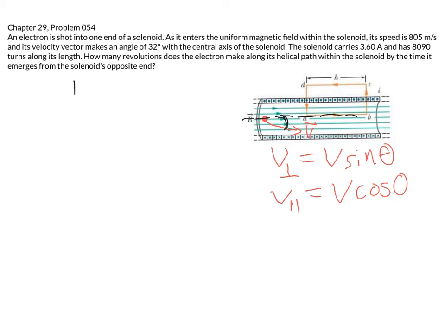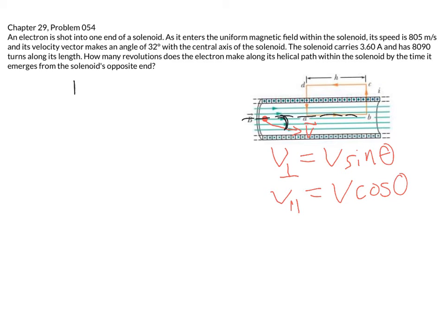So it's going to experience the uniform circular motion we've learned about with mass spectroscopy. In this problem, we're asked to determine how many revolutions that circular motion will generate in the time it takes to get from one end to the other.